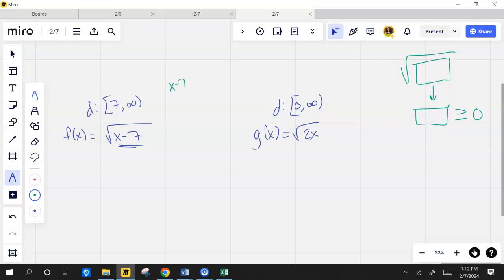If I say x minus 7 has got to be greater than or equal to 0, that means x has got to be greater than or equal to 7. I can't have a negative under there because then I'm an imaginary number. Yes, it looks just like this. That's exactly right. If you can visualize that and you know that it's just that moved over 7, that's perfectly fine. You don't have to do this algebraically.